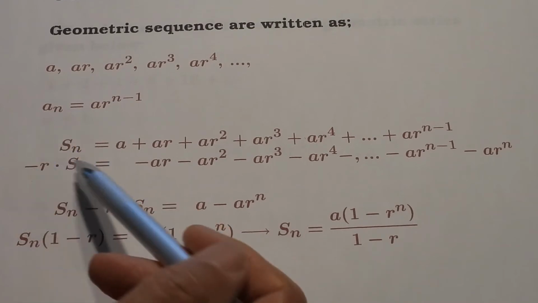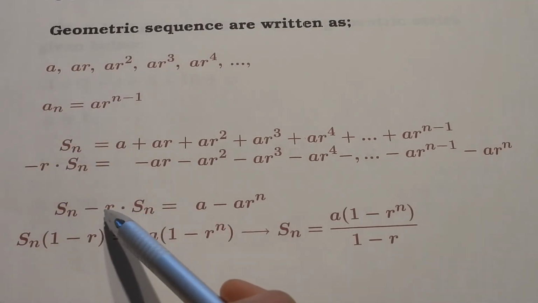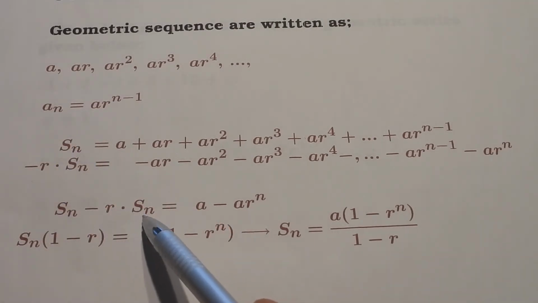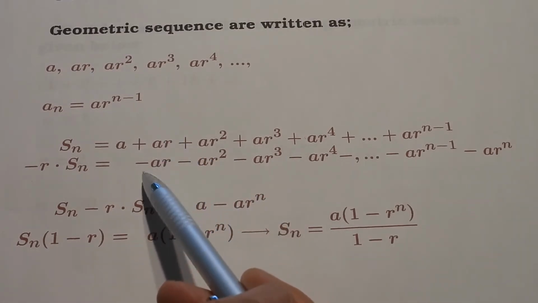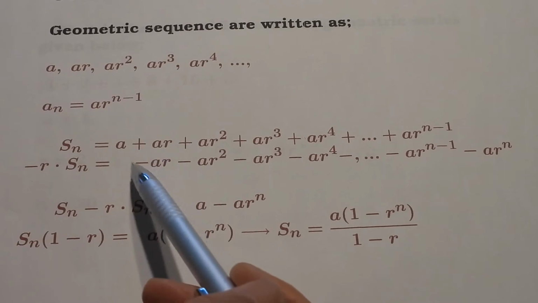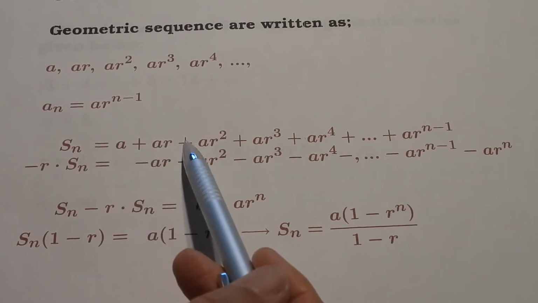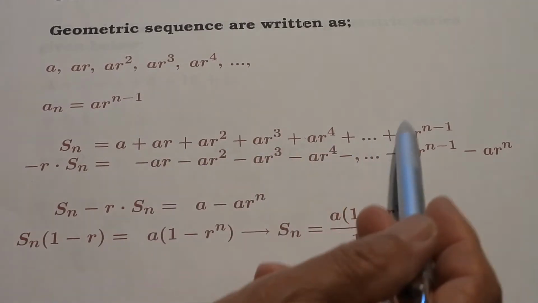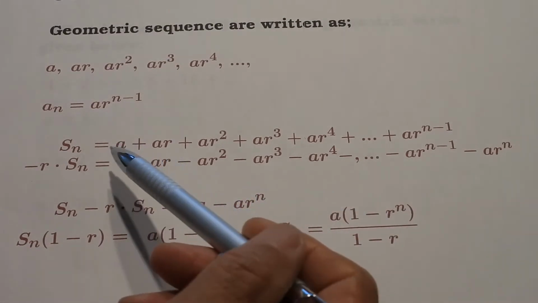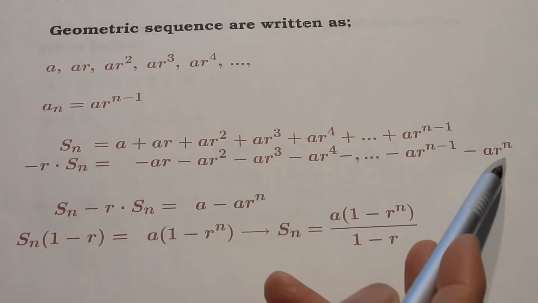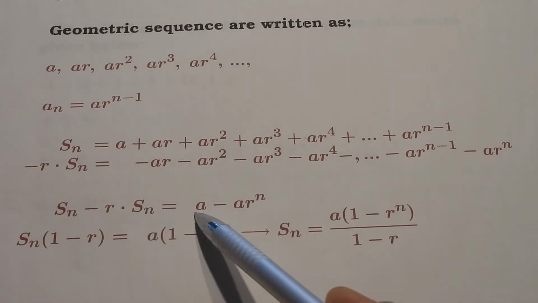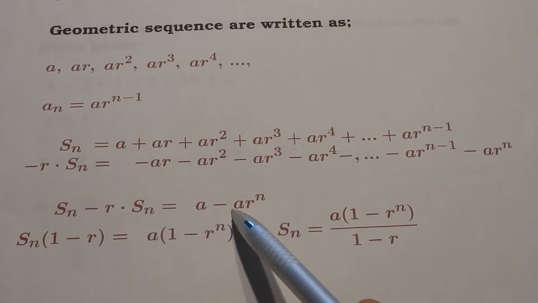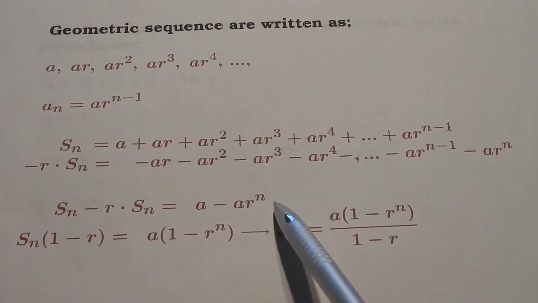On the left side, S sub n minus r times S sub n equals the right side. You see here, all of them cancel because they are the same value with positive and negative signs. Eventually we have only a minus a times r to the n power left.